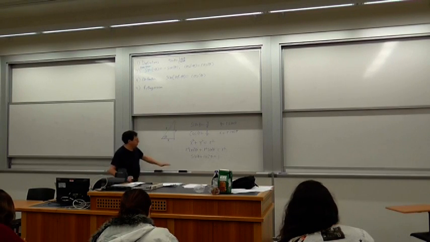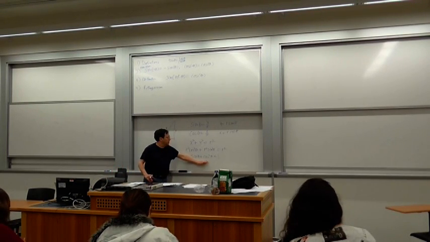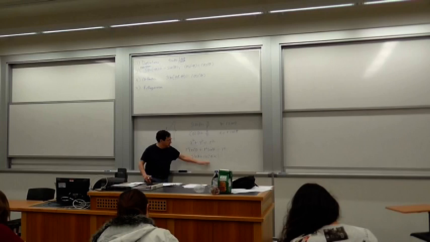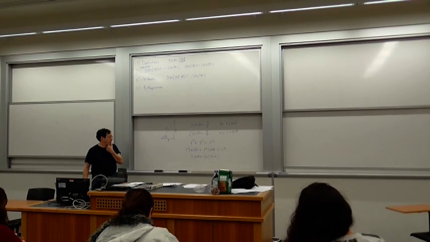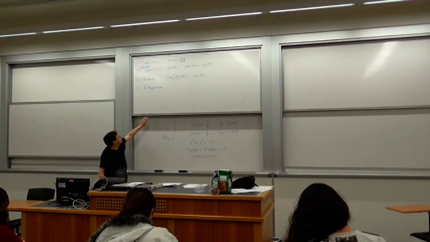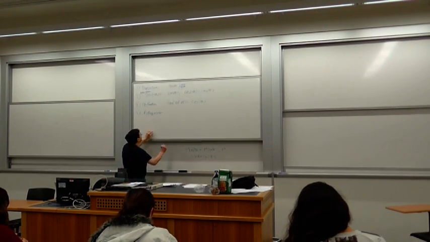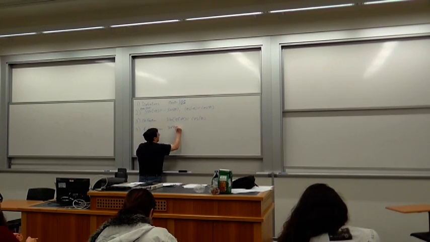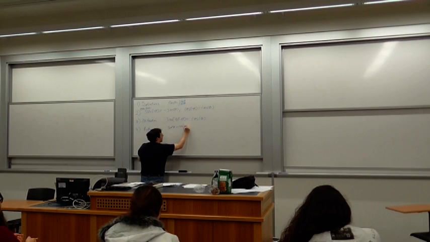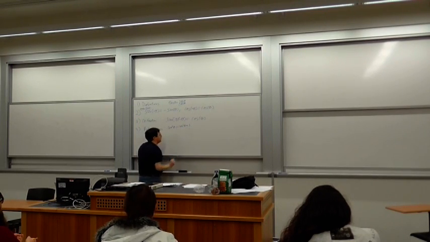This is the primary way we think of the Pythagorean identity. It's really useful, and let me write that up here. Sine squared theta plus cosine squared theta equals 1.